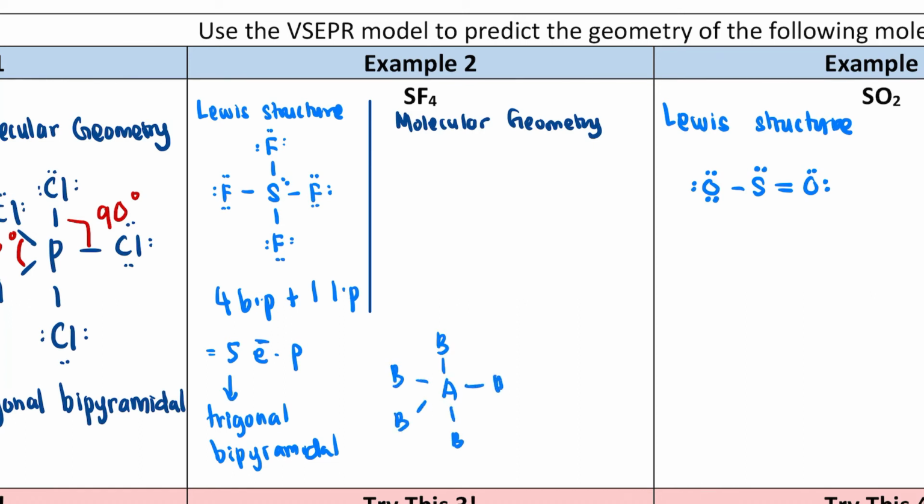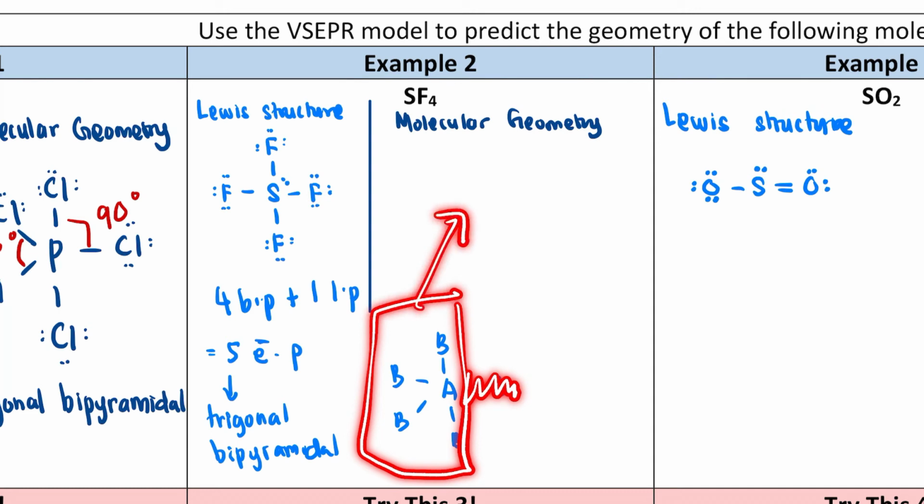Okay, and then kita tahu trigonal bipyramidal, bila kita ada lone pair, okay, dalam trigonal bipyramidal we have to remove atom yang dekat dengan equatorial dia. Okay, so sama ada yang 3 ni lah salah satu. So I will remove yang ni. So this one lah shape yang kita kena draw dekat sini. Okay, so itu cara saya ingat lah.